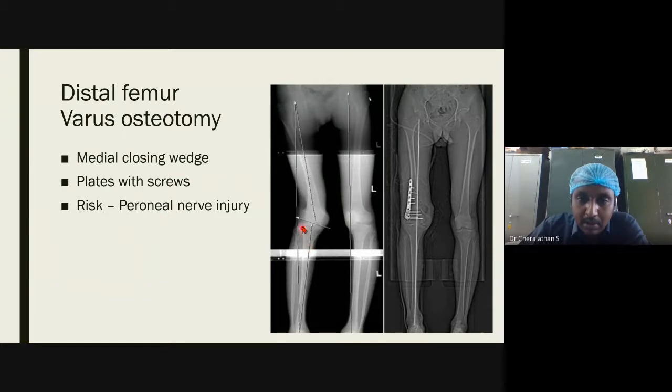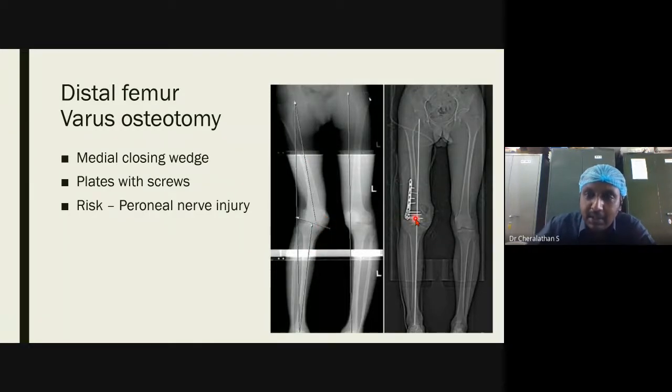Why? Because the nerve actually is on the lateral aspect of the knee, and because of the valgus deformity, all soft tissue structures on this side are short, and on the medial side they are stretched, right? All soft tissue structures on the lateral aspect of the knee are shortened, whereas because of the arc here, the soft tissues on the medial side are stretched.